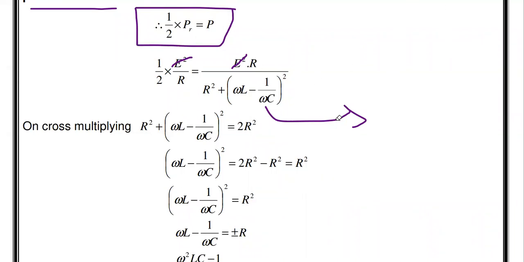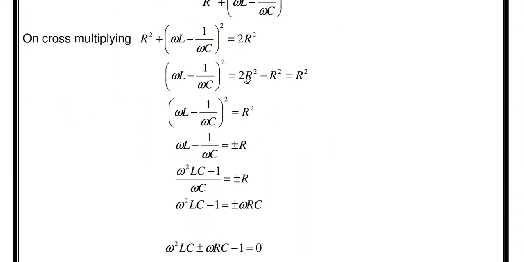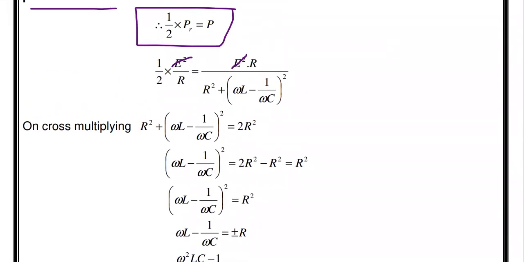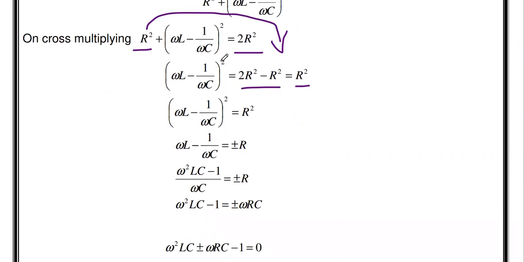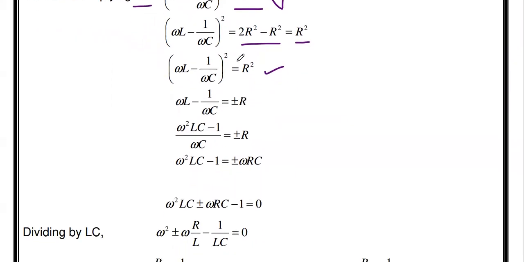Here, on the left side there is 1 R squared and on the right side 2 R squared, so you move this R squared to the right side: 2 R squared minus R squared, which is R squared. So omega L minus 1 by omega C the whole squared is equal to R squared.